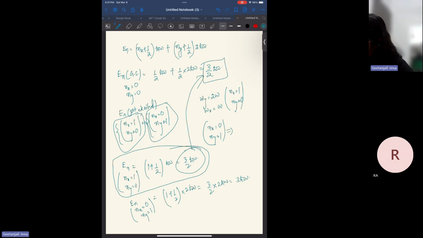It is similar to the ground state energy, right? Wait. Zero and this is 1.